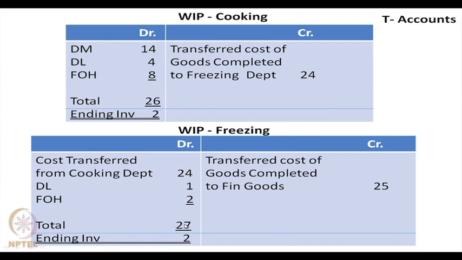Now, if not the full amount is sold, only to the extent of 25,000 is sold, then the ending inventory in the freezing department is 27 minus 25 equal to 2,000. So, this is a simple example, and these are the T accounts for the two departments.